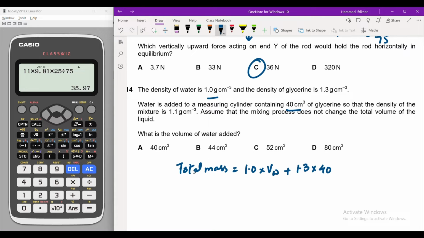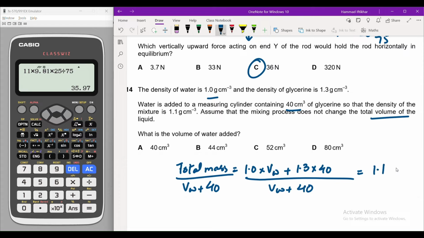Water is added to the measuring cylinder containing 40 centimeters of glycerin, so that the density of the mixture is 1.1. Now we divide by the total volume. The total volume should be equal to the volume of water plus 40. When we divide by this, on the other side this should be equal to 1.1 grams per centimeter cube.